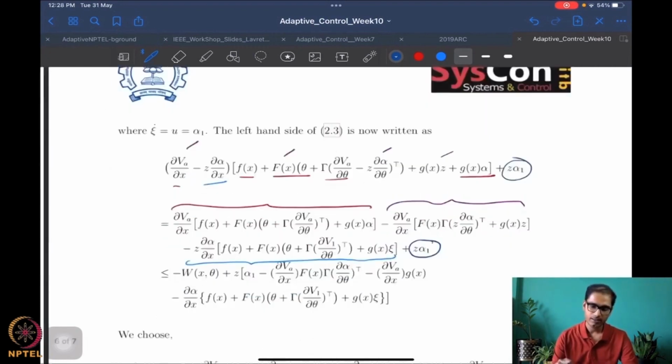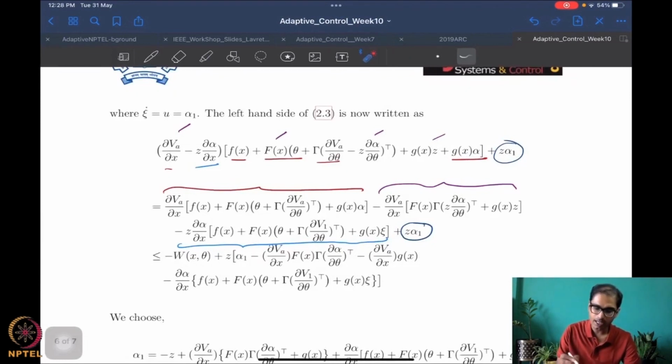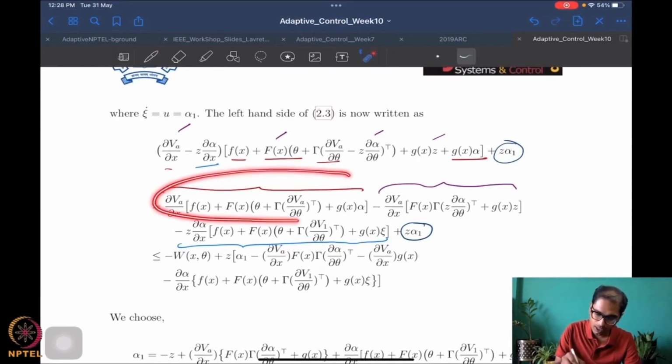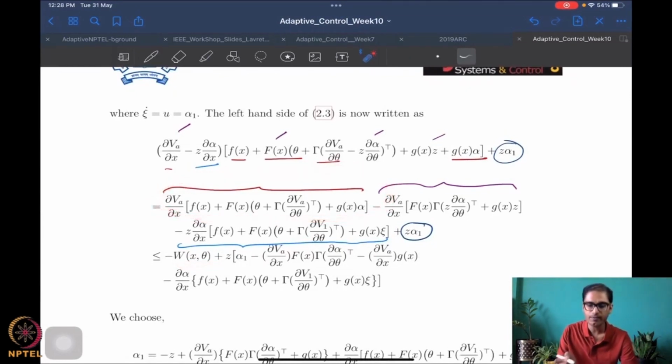And now what do I know? By our ACLF result, I know that this quantity is of course minus wx theta, right? And then, taking z common with this, I have alpha 1 minus all of this mess.